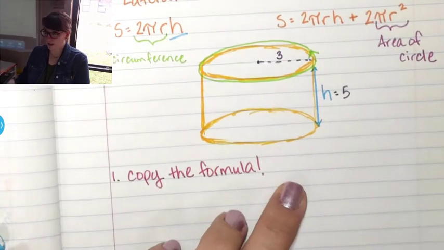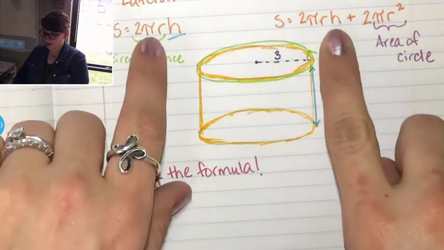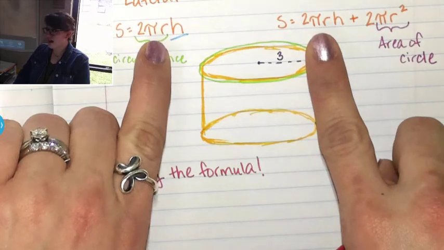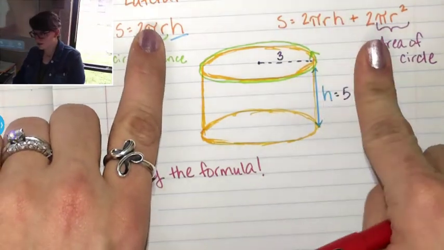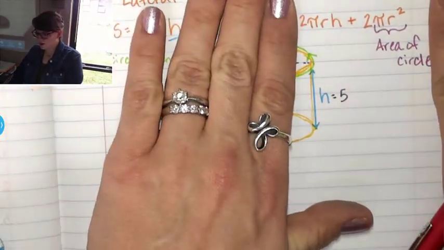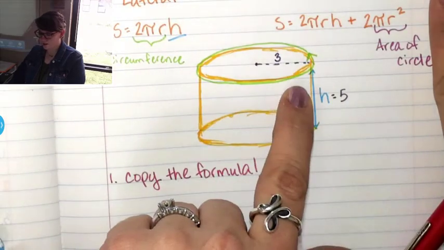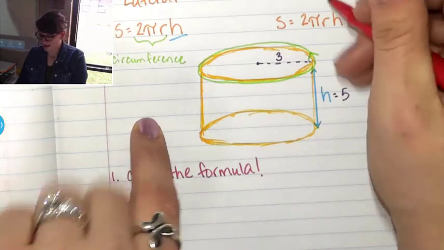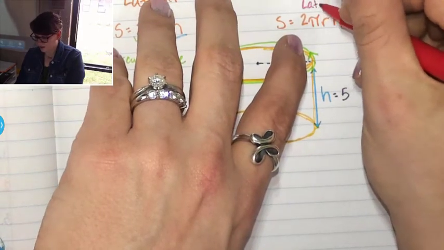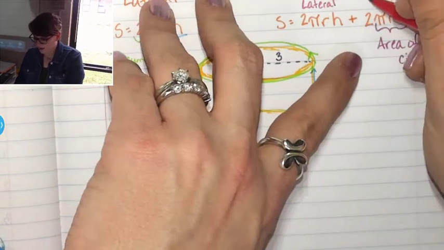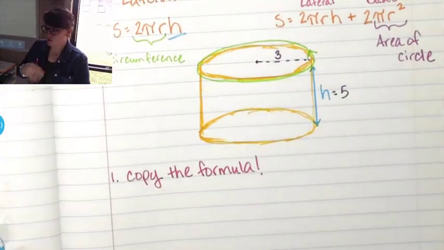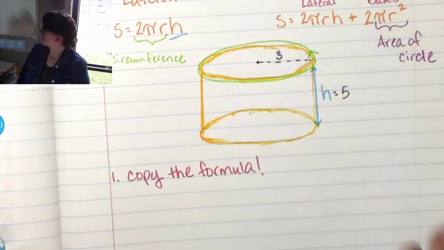So for this one, if I want lateral and total, also remember, this is lateral area. So you don't have to do 2 formulas. You can do 1. This part is lateral. Add it to this, and that's total. So this is lateral area, and this is the bases. So this formula is really all you need.